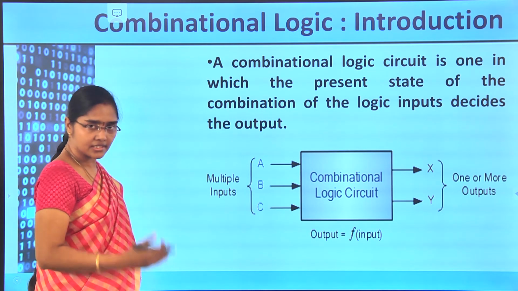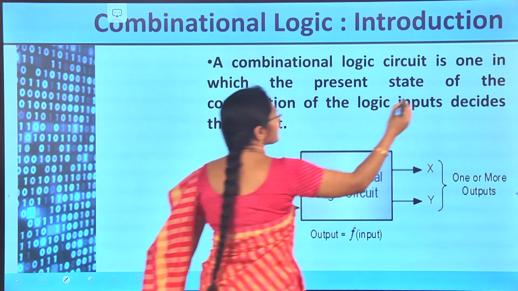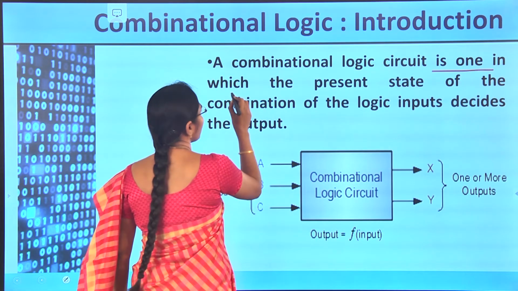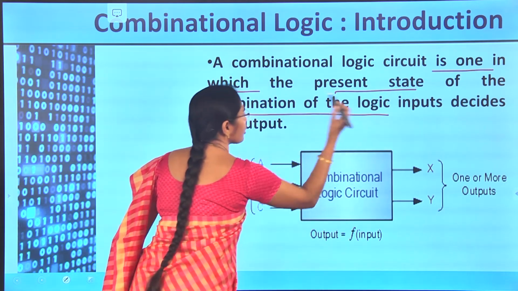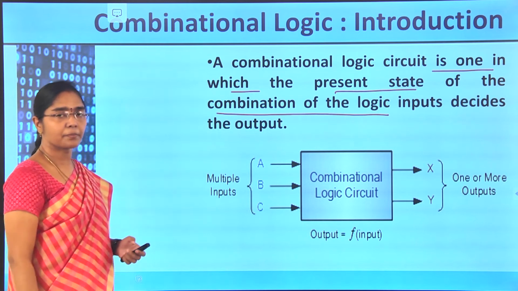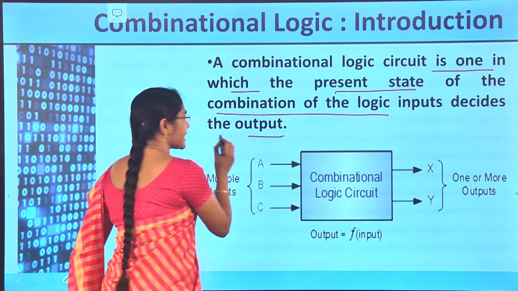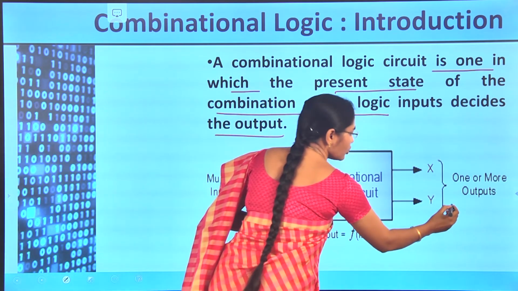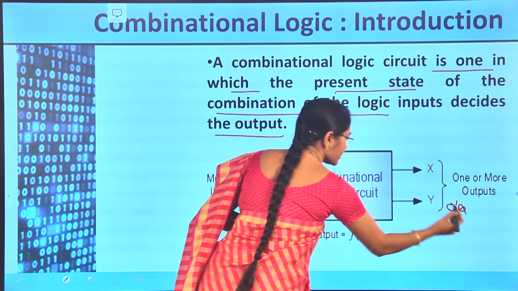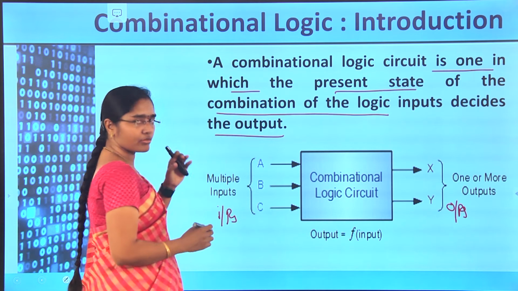In another way, a combinational logic circuit is one in which the present state of the combination of logic inputs decides the output. It means the outputs depend upon the inputs at that particular instant of time.